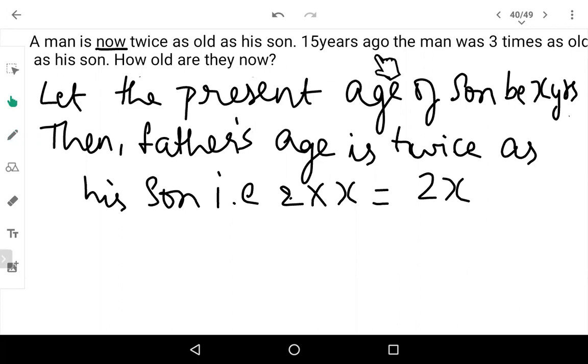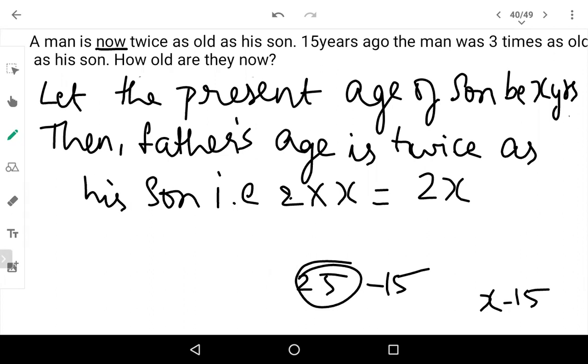15 years ago, the man was... now firstly, 15 years ago. 15 years ago means, if the present age of the son is x years, can I write it as x minus 15 years? Let's say if today the age of the son is 25, suppose. Now 15 years ago, what will be his age? 25 minus 15.